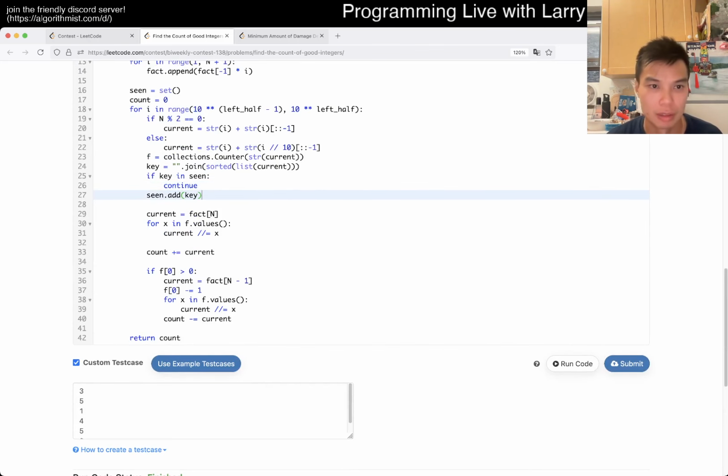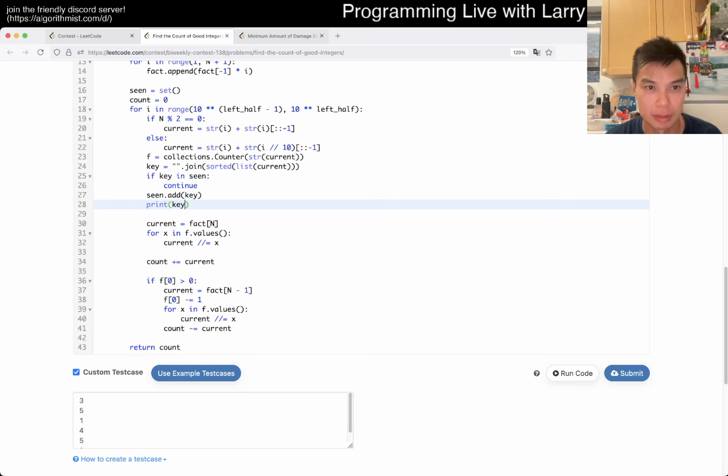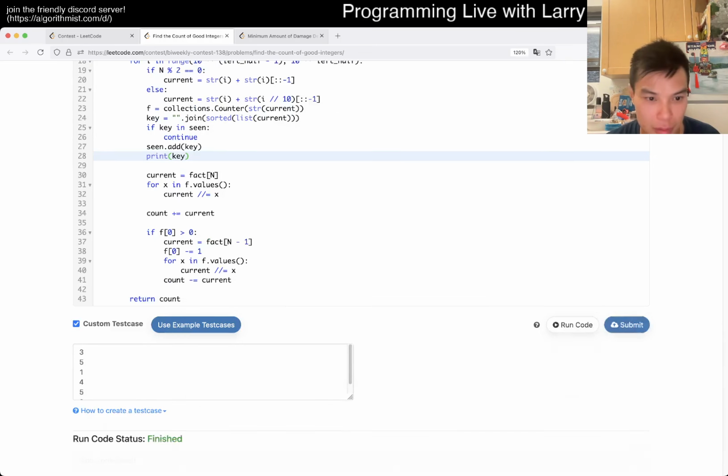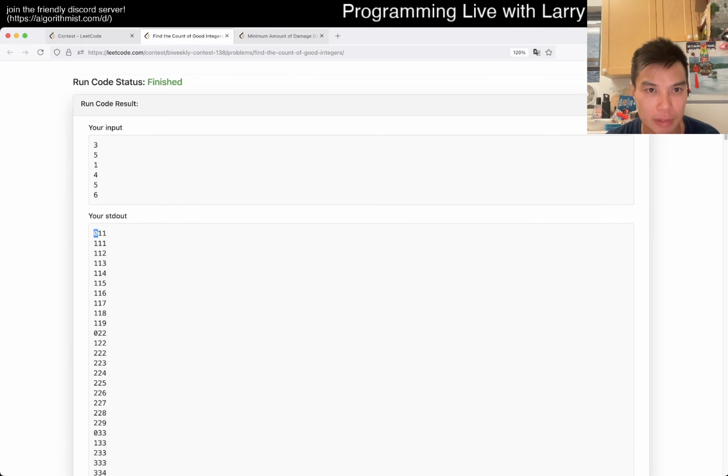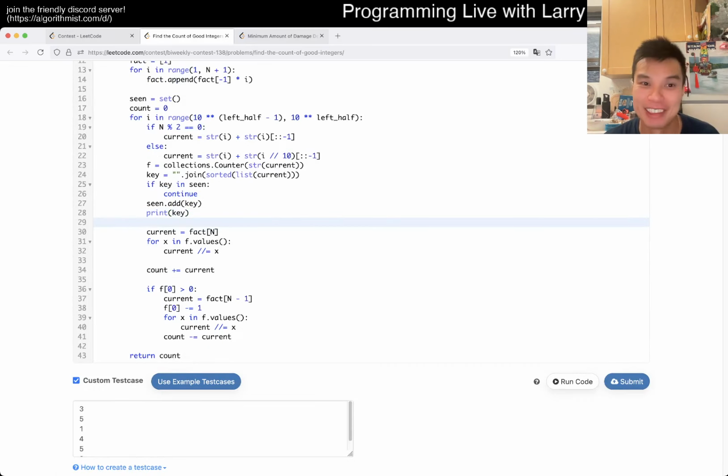Why? Zero, 1, 1. So we should have already done this one. Oh, this is actually not even right because we don't care about the mod. Larry, you have to think about the mod. Okay, fine. I forgot about the mod part.